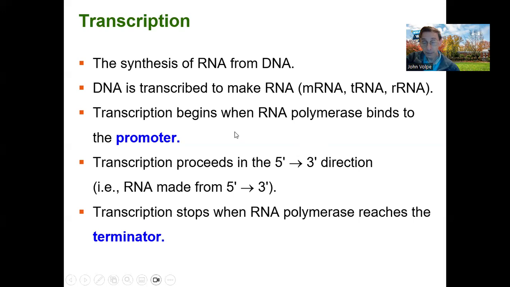If, on the other hand, the gene codes for tRNA, the polymerase will copy the gene and it'll be tRNA that it makes. And on the other hand, if the gene encodes for an rRNA product, the RNA polymerase will transcribe the gene as rRNA. So it really just depends on which gene the RNA polymerase is transcribing.